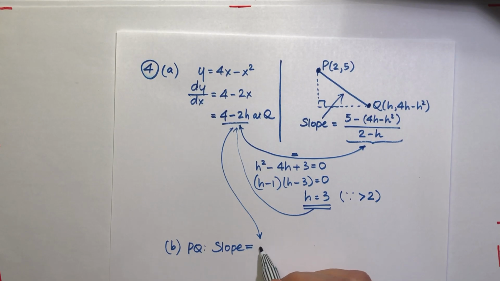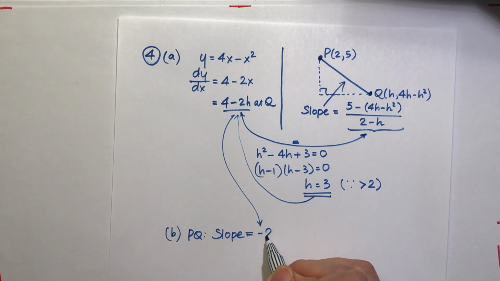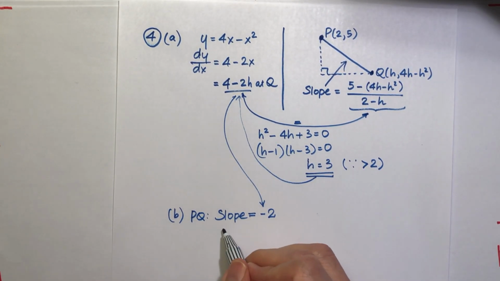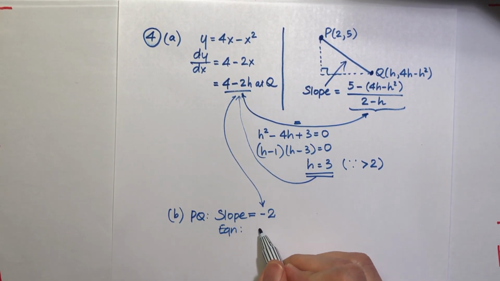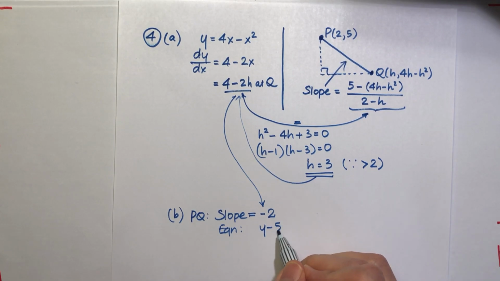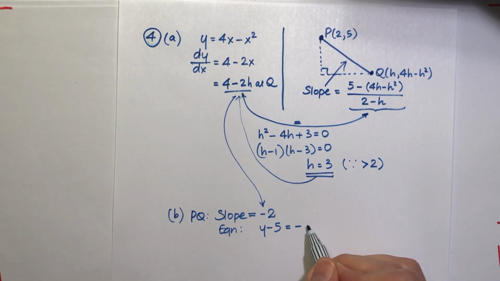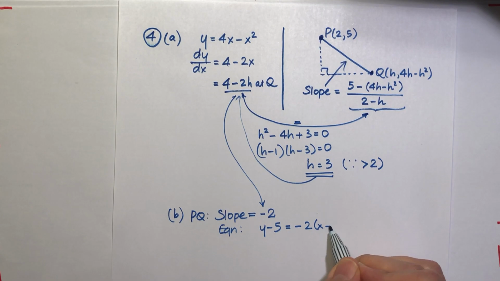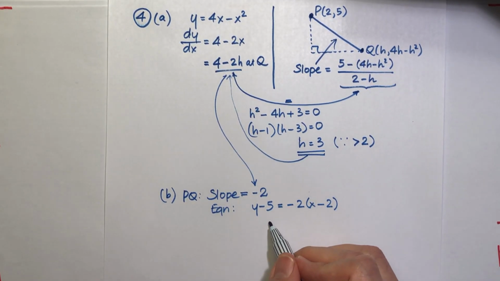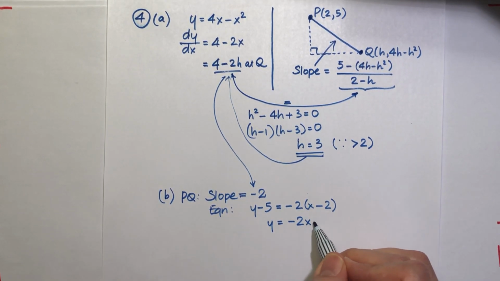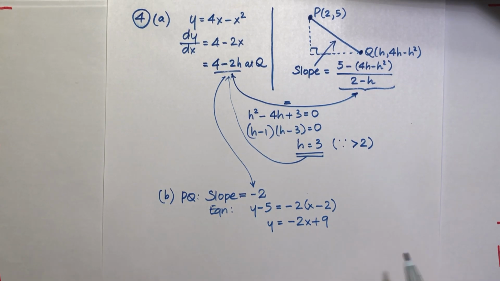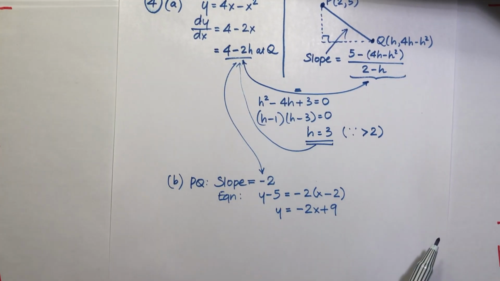So the slope is equal to minus 2, and with the equation, y minus 5 is equal to slope times (x minus 2). After some rearrangement, we have y equals minus 2x plus 9. And that's the equation for PQ.